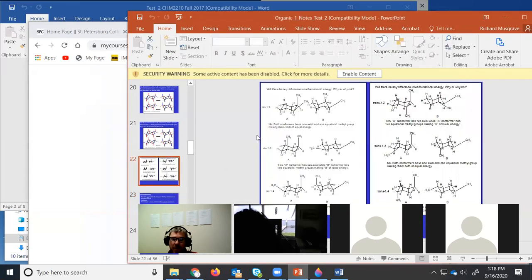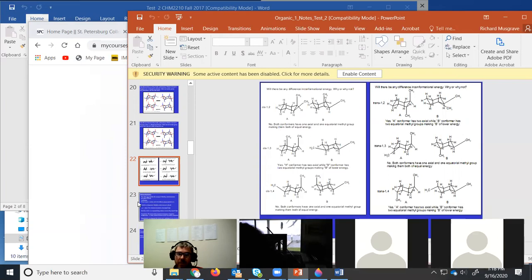So for the ones that have one axial and one equatorial methyl, there won't be a favored. Like cis 1,2, cis 1,4, and trans 1,3. Those will not have a favored one.